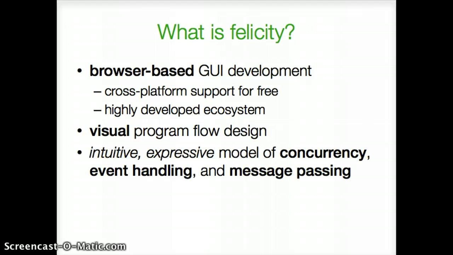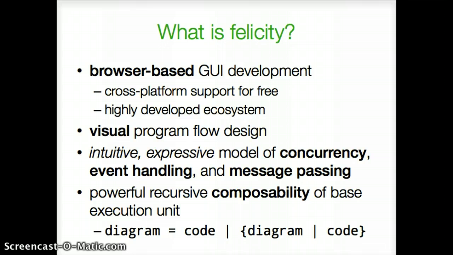And I think the most innovative parts are the intuitive, expressive model of concurrency, event handling, and message passing, which are certainly a challenge to visualize when designing concurrent programs, and also the recursive composability of the base execution unit.